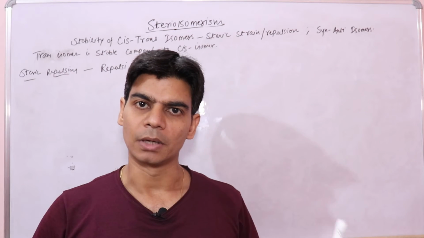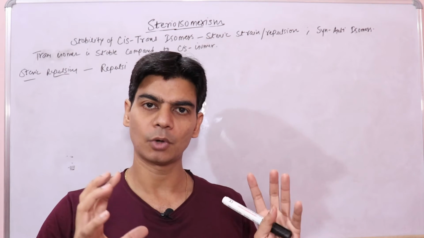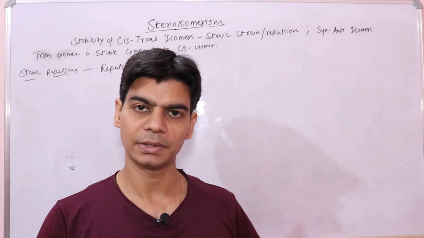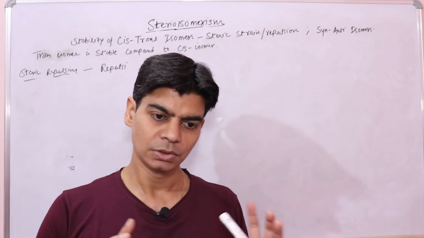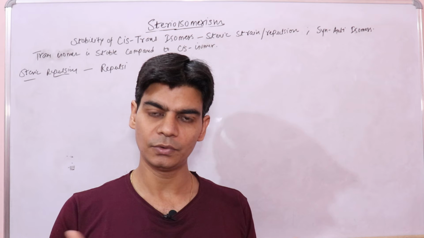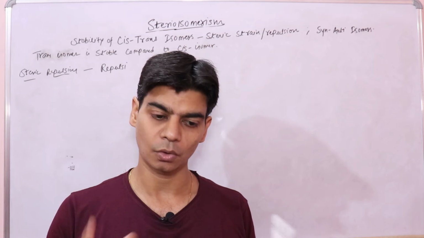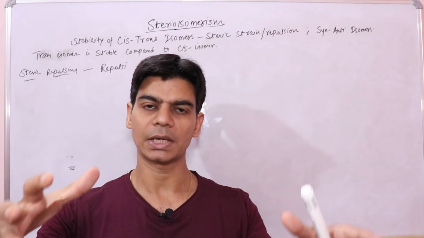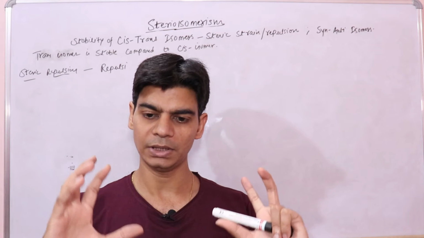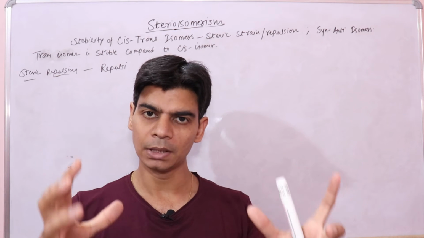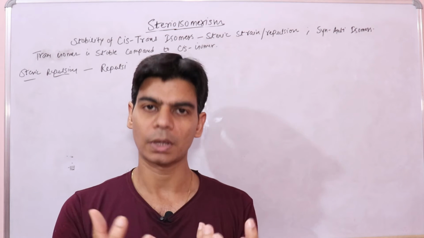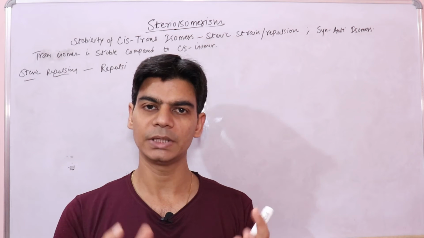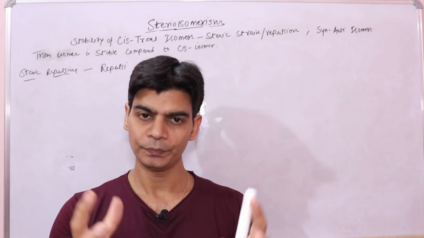In the cis isomer the similar groups are on the same side of the double bond, as we studied in the previous lecture. If two bigger groups or atoms are on the same side, they come close to one another.